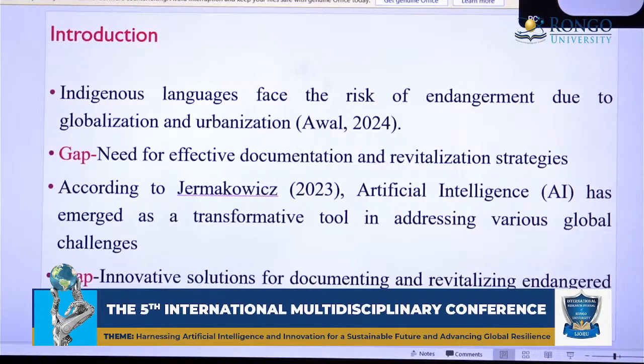Therefore, there is need for effective documentation and revitalization strategies. According to JAMO's 2023, artificial intelligence has emerged as a transformative tool in addressing various challenges. And therefore, there is an innovative solution for documenting and revitalizing our native languages using this AI.